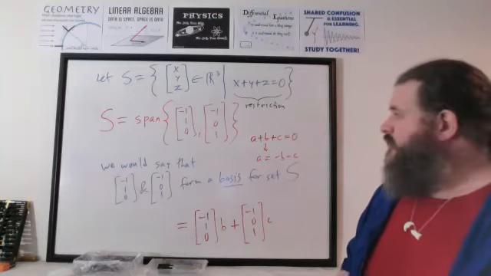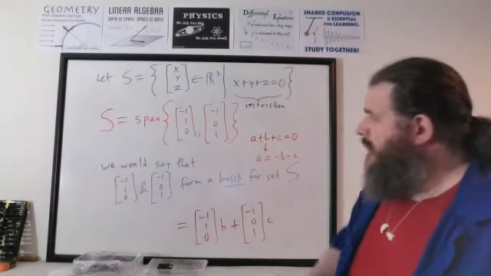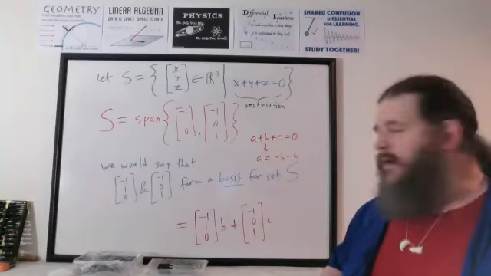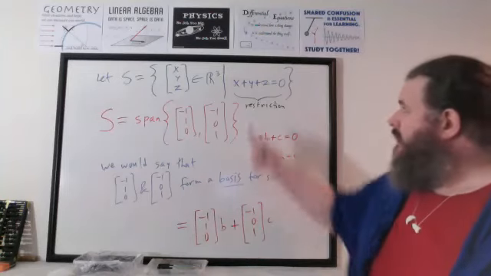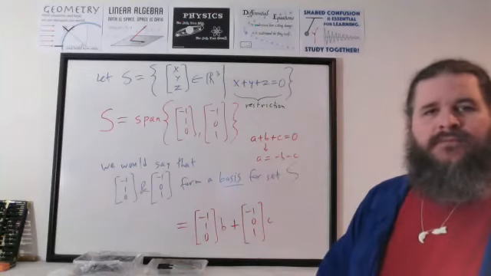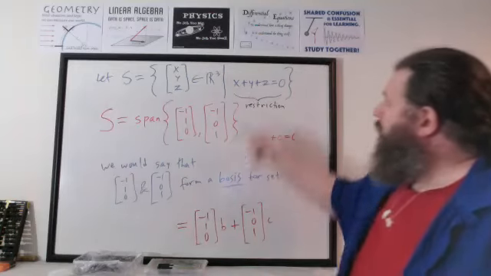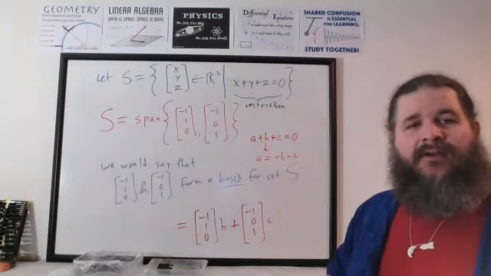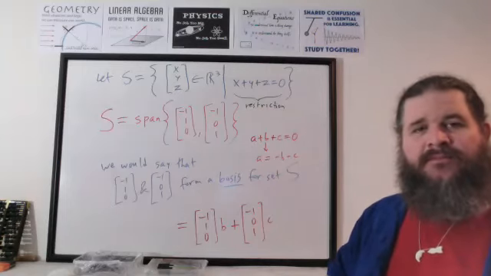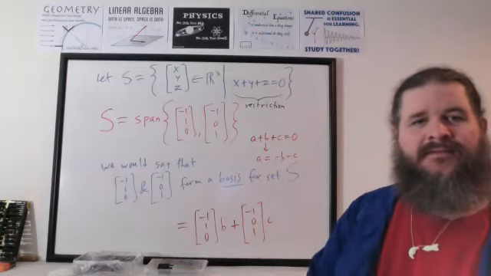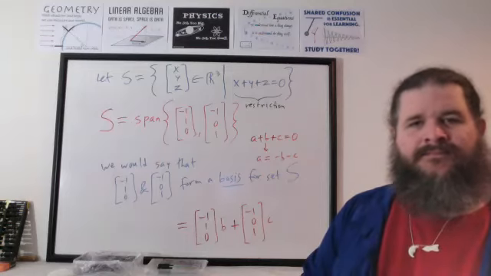And two free variables translates to two basis vectors. So we end up with a two-dimensional space because we had two free variables in the restriction. It's a three-dimensional universe, because we've got R3 here, but one restriction narrows it down to a two-dimensional space. Any other questions on that?